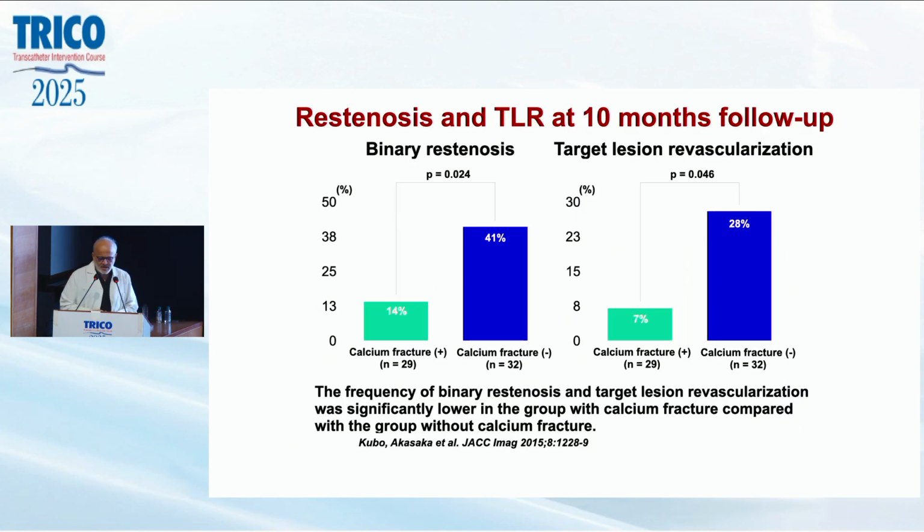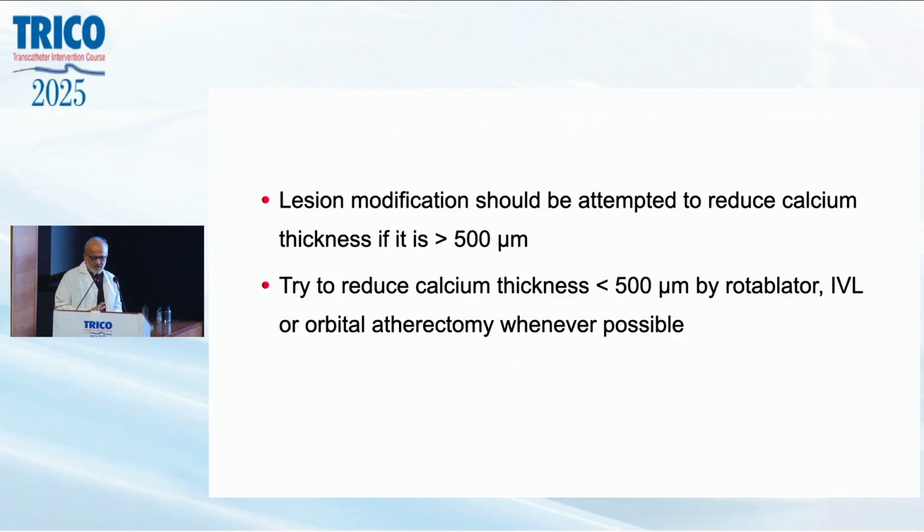It reduces binary stenosis from 41% if there is no fracture versus 14% with fracture, and target lesion revascularization 28% versus 7%. A very significant difference. So lesion modification should always be attempted to reduce calcium thickness if it is more than 500 microns, by whatever modality you are comfortable with, to give as high a minimal stent area as possible.